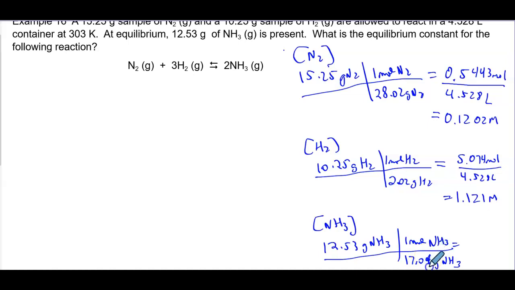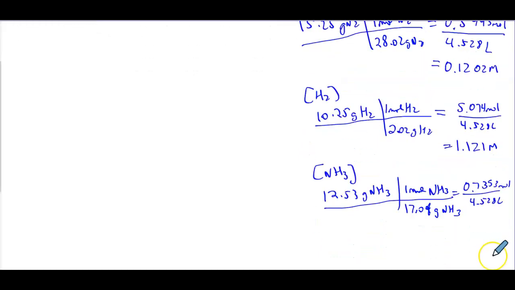So 12.53 divided by 17.04 is going to give me moles of 0.7353 moles, divided by the volume, 4.528 liters. So when I do that, 0.7353 divided by 4.528, I get a concentration for this to be 0.1624 big M.